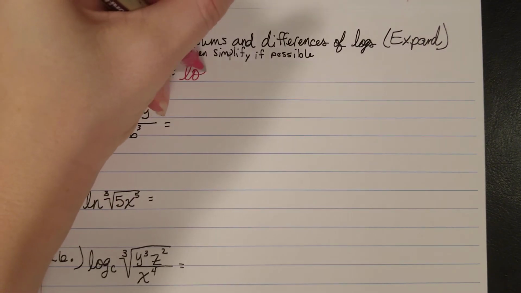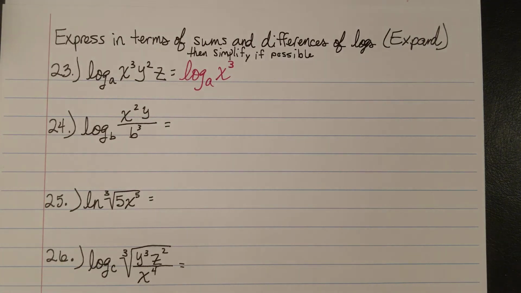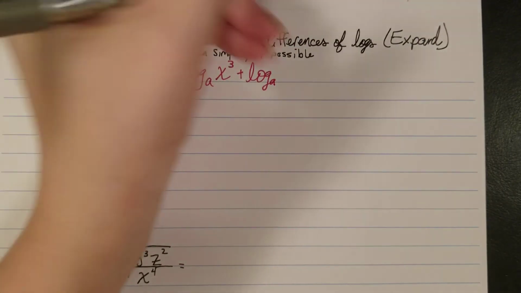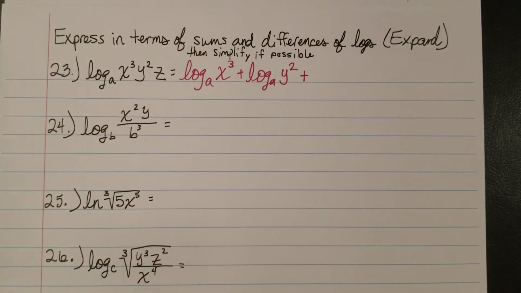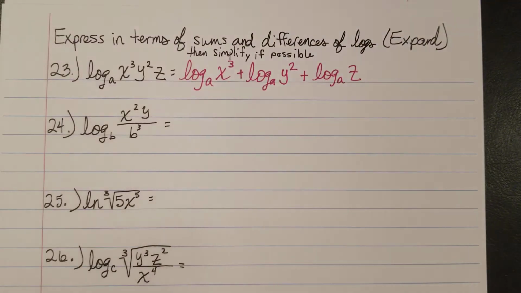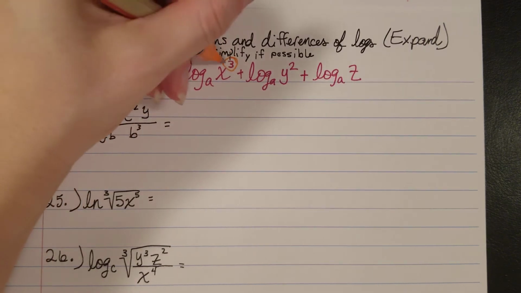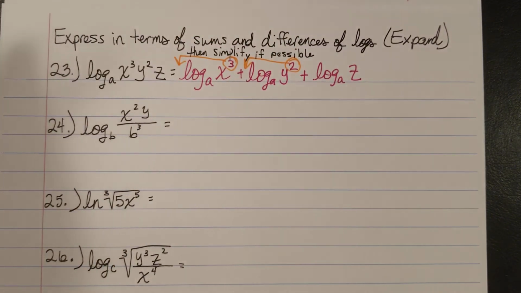So we're going to have log base A of x cubed plus log base a of y squared plus log base a of z. All right, then we're going to take the exponents and move them down to make them into coefficients, and that'll be our final answer.